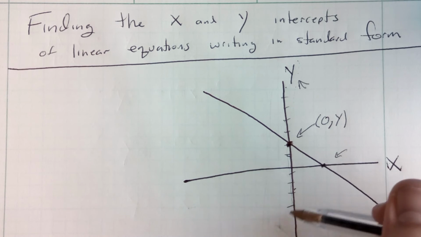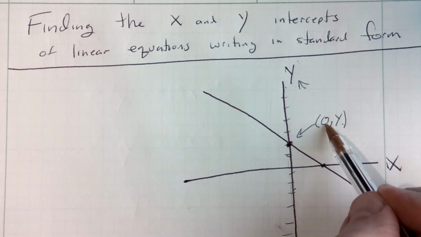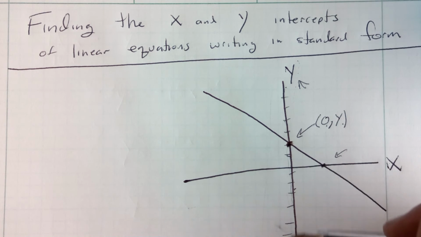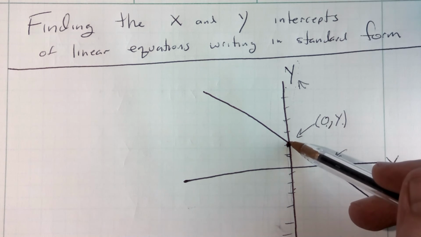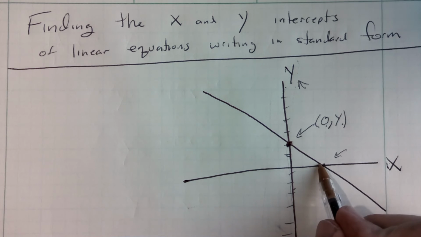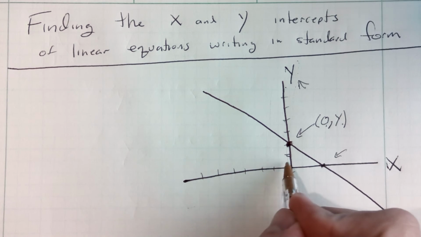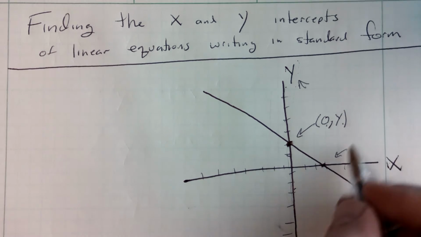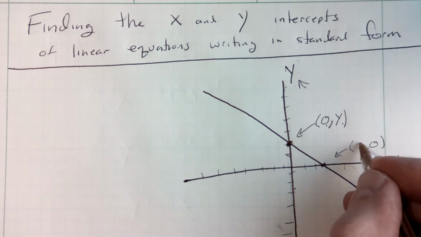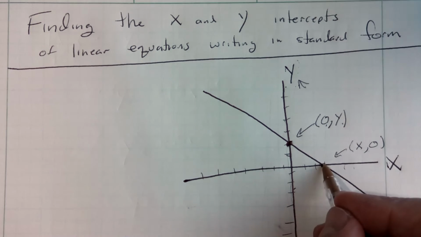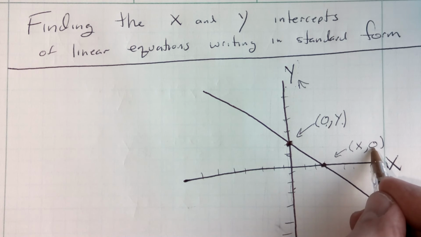So the y value would be different, but the x value when I cross the y-axis is always 0. If I want the x-intercept, so I'm crossing somewhere along this x-axis, the y value will always be 0. I'm not sure what the x will be, but whatever this point is, I'm not vertically up or down at all, so it has a y value of 0.